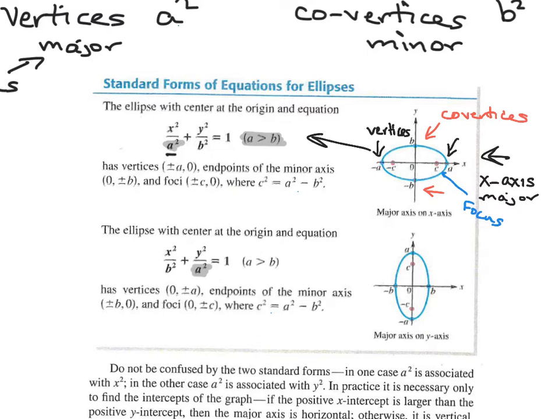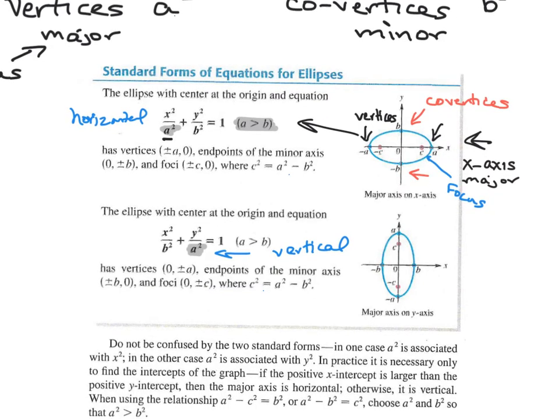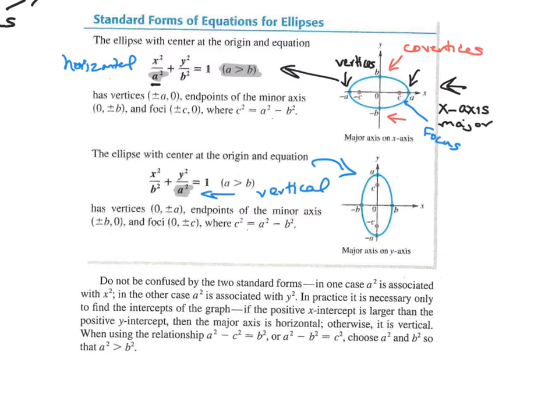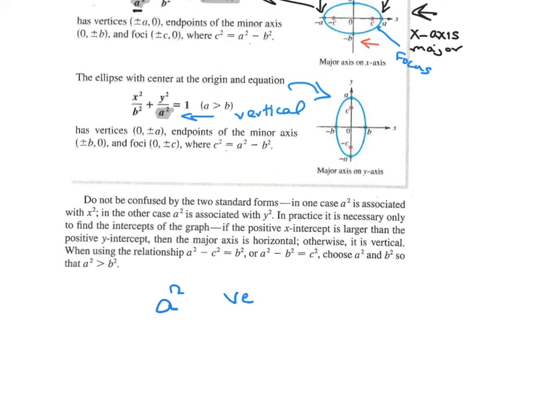So when the larger number, the a squared, is under the x squared, the major axis is horizontal. When the a squared is under the y squared, the bigger number, then we're going to say it's vertical. So this would look like it's up and down. Notice the longer part of the ellipse goes along the y-axis. So again, the a squared gives you the vertices, the b squared gives you the co-vertices.